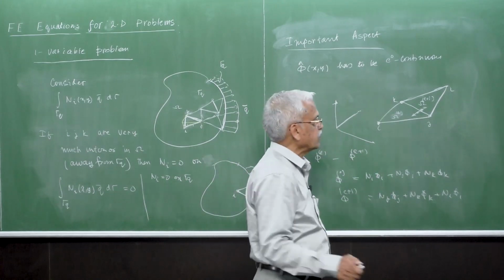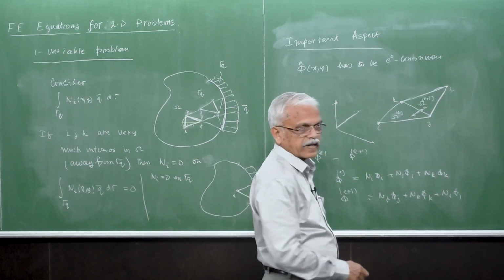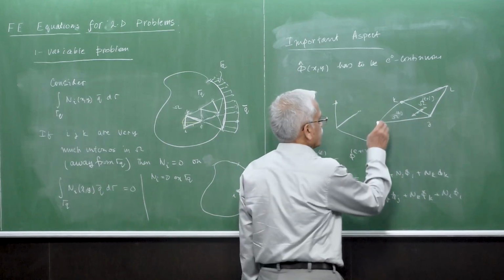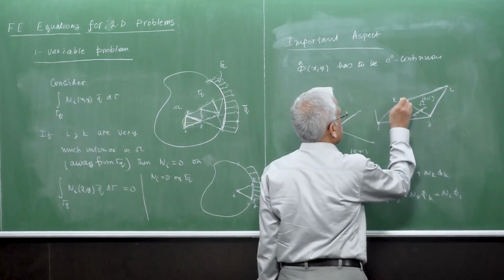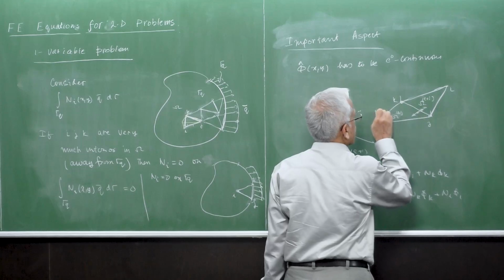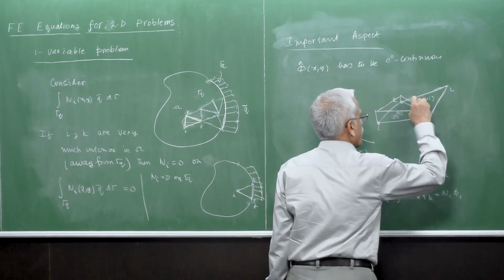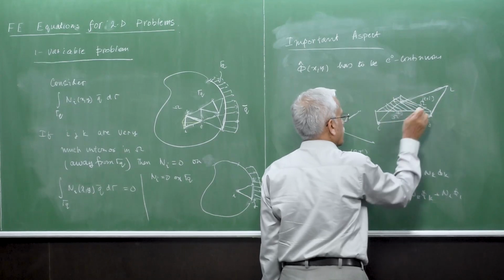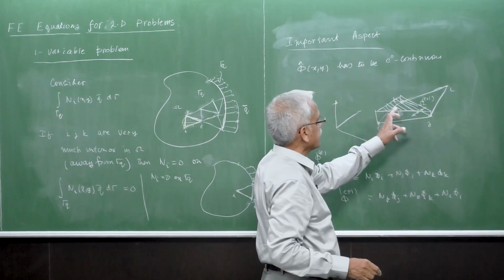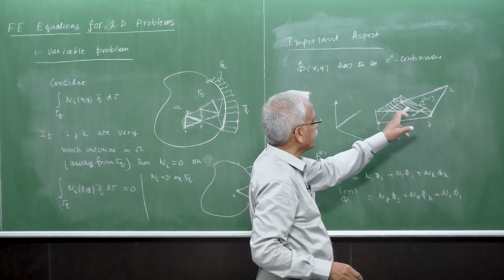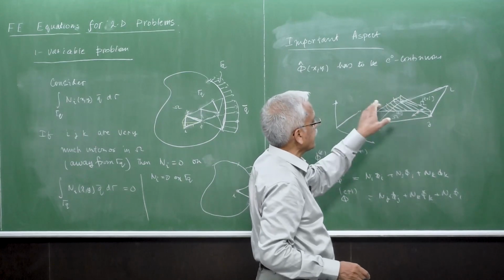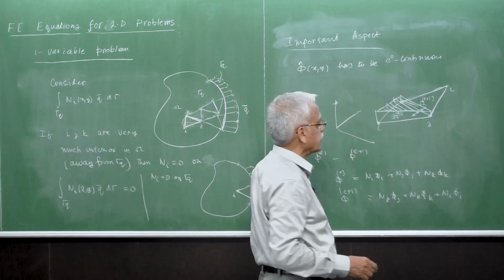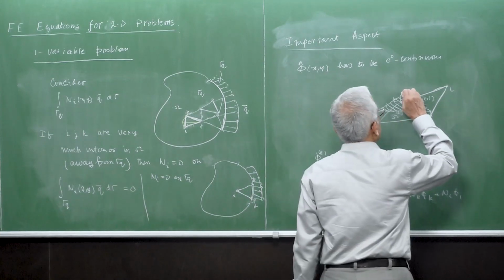Okay, so this gets satisfied because this element here, if you look at it, this is the variation of the element from phi I, phi j, phi k, and it's a linear distribution.